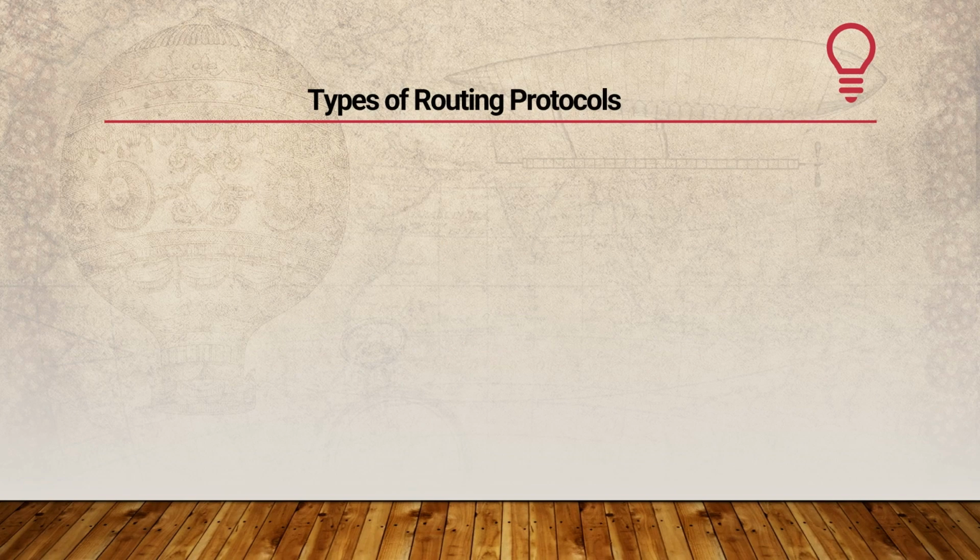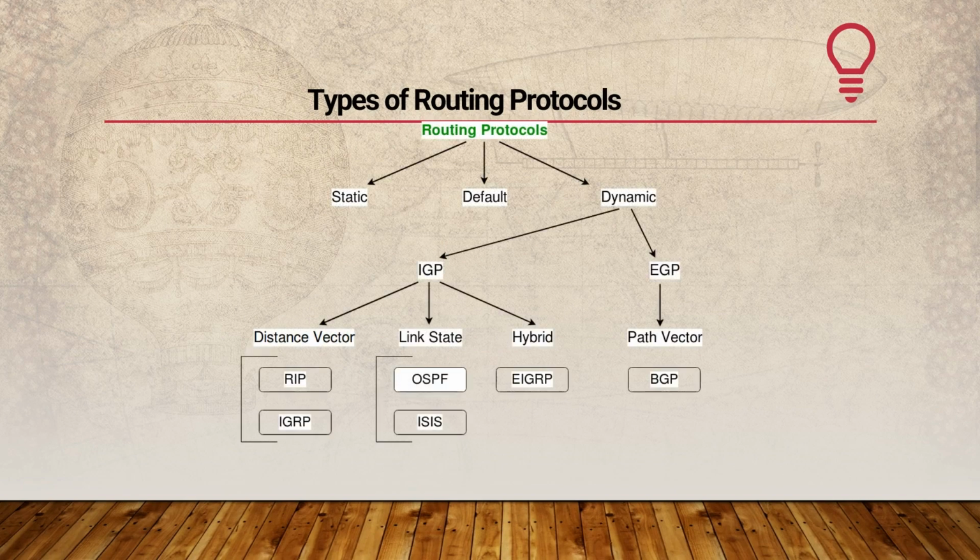Now, let us discuss some types of routing protocols. We have majorly three classifications. Under those, many things are there. Let us discuss the main classification: static route, default route, dynamic route.